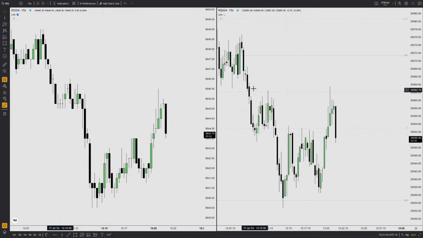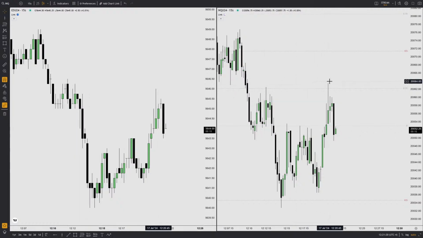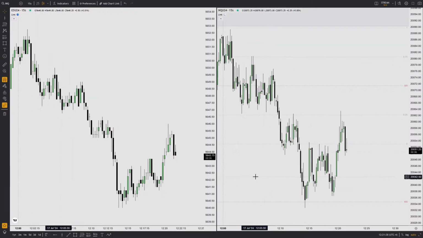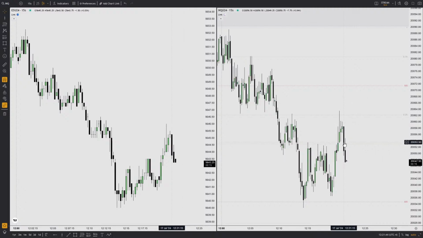Okay, so that's just one of the reasons that I should be careful of. SMT, this highs here and this highs here. Right, I'm just watching, I'm not engaging yet. It hasn't given me a clear reason to do so in terms of entries.